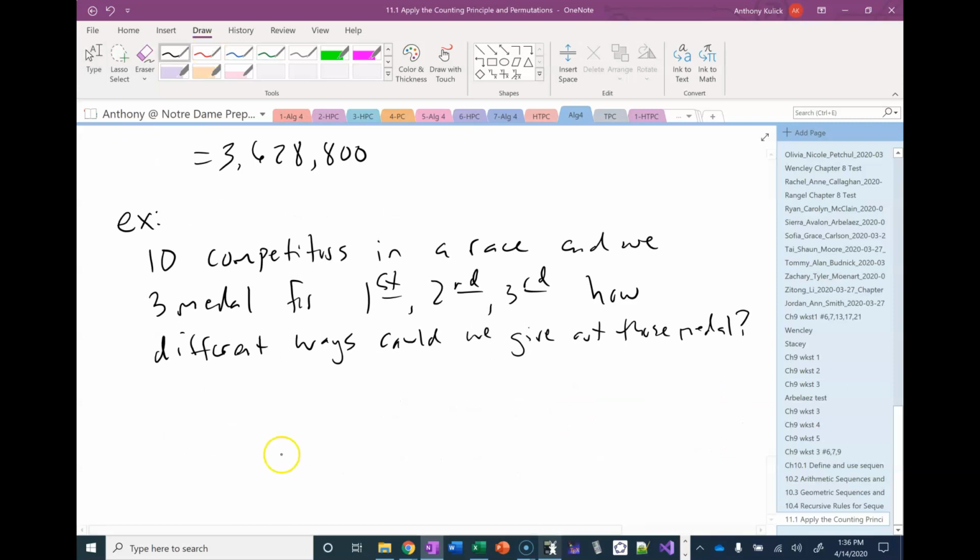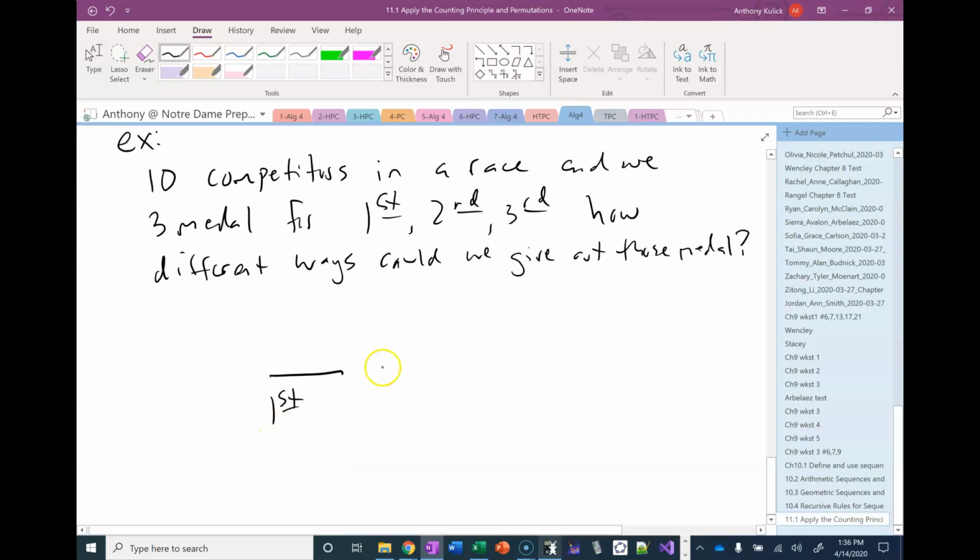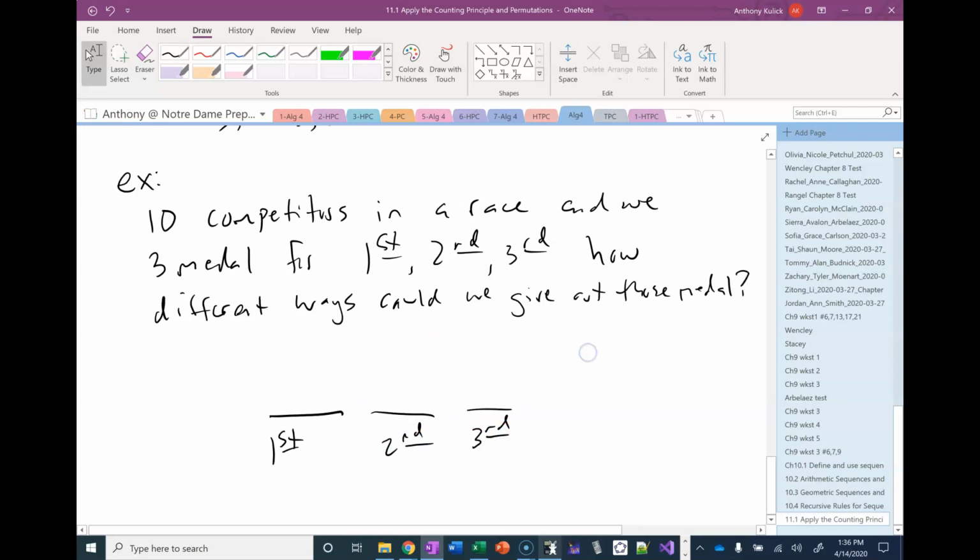So if I think about this, there's 3 choices we need to make. We have the first medal, we have the second medal, and we have the third medal. So when giving out the first medal, we have 10 competitors. So we'd have 10 possible people that we could give that first place medal to.